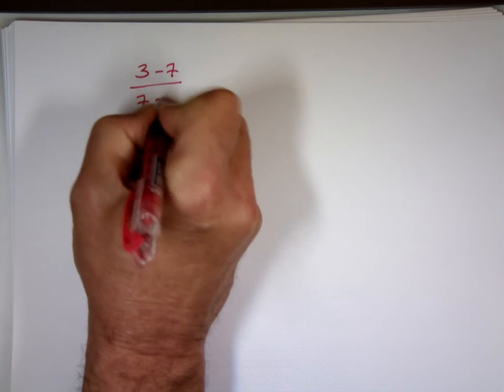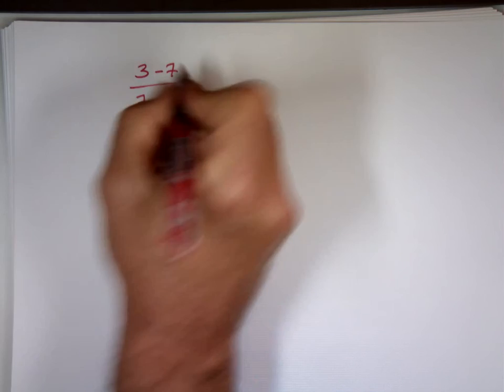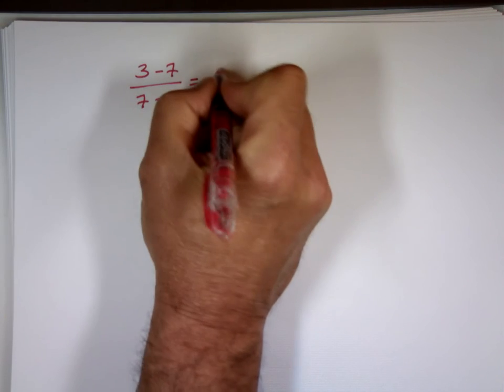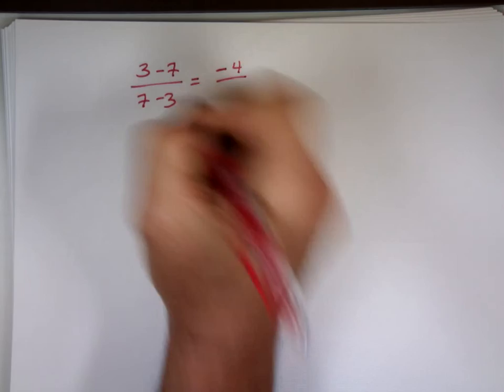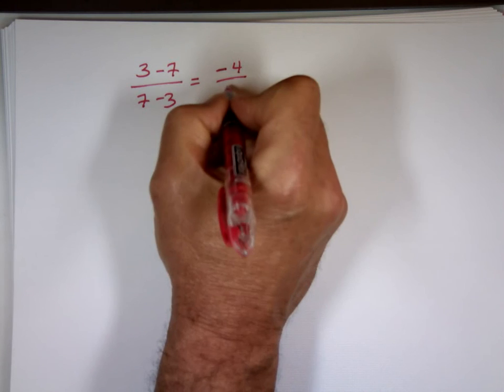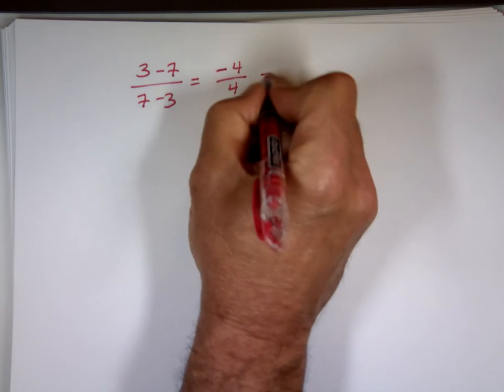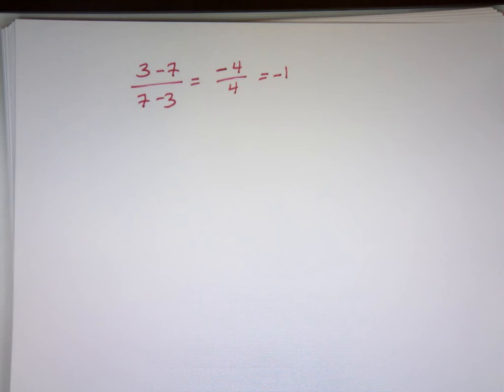What's 3 minus 7? Negative 4. What's 7 minus 3? 4. What's negative 4 over 4? Negative 1. Anything you want, any numbers. It's going to be a minus 1 always when you switch them. So that's why these guys can cancel each other out, and the result's always a minus 1.